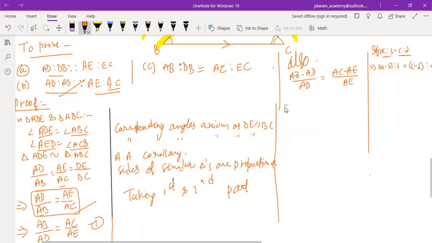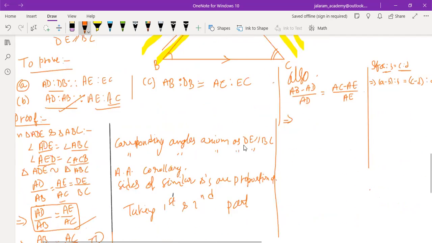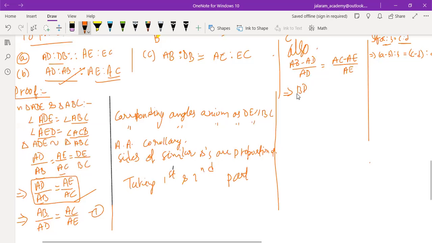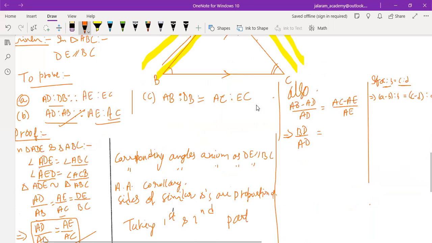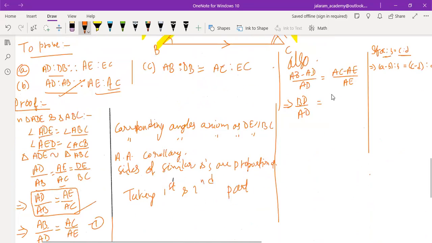Now AB minus AD, look at the figure. What is the value of AB minus AD? It is BD. So we can write BD is to AD equals, again, AC minus AE is EC only. So we write EC upon AE, and this is the first theorem, which is the main statement of this theorem. If we use what?